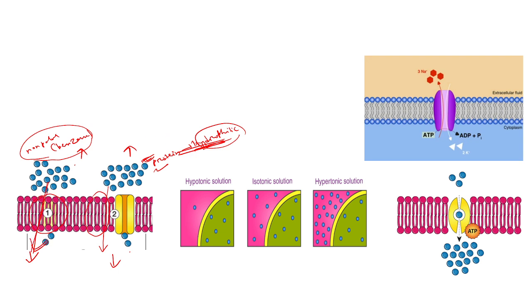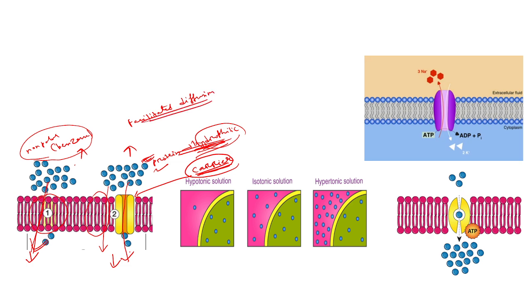But now the protein is hydrophilic, so it cannot pass through the membrane directly. So it needs some assistant, and this assistant is called the carrier. That means it needs some carrier for the transport of the molecule from the higher to lower. So this is called the facilitated diffusion.